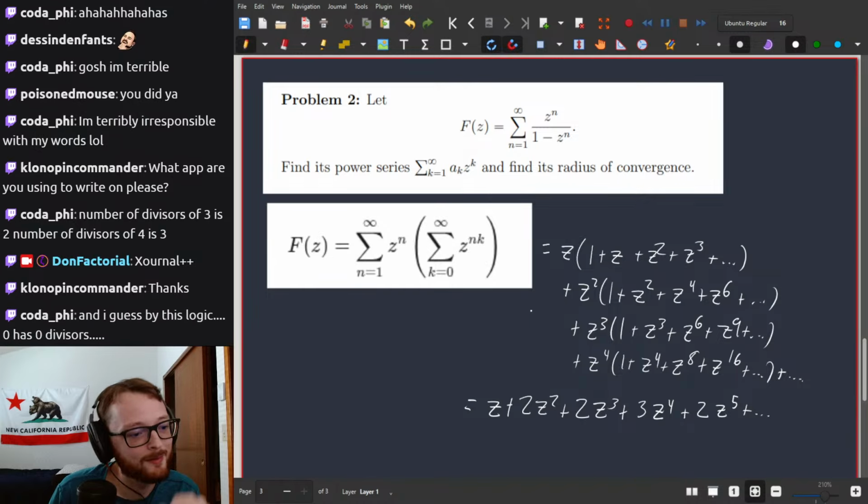Isn't it just like sigma of n is the number of divisors? Like, we can just give an answer in terms of that, right?